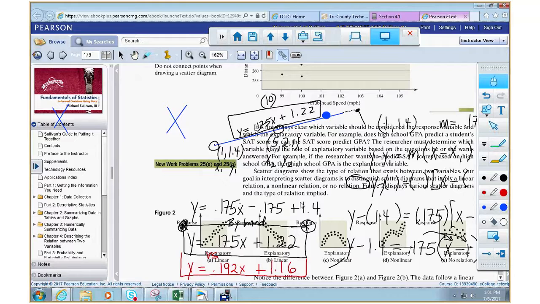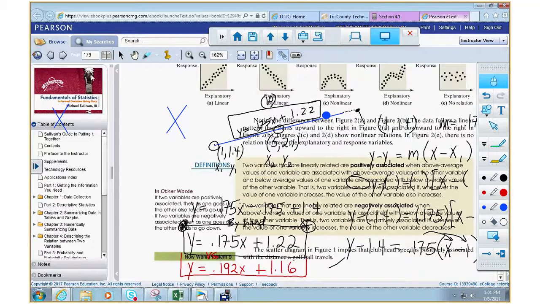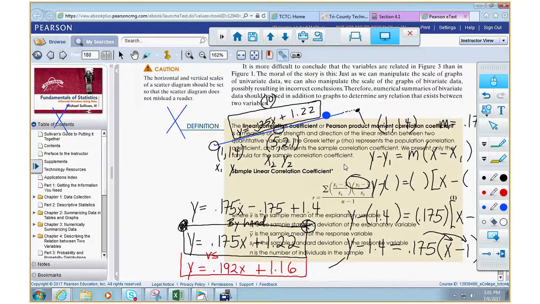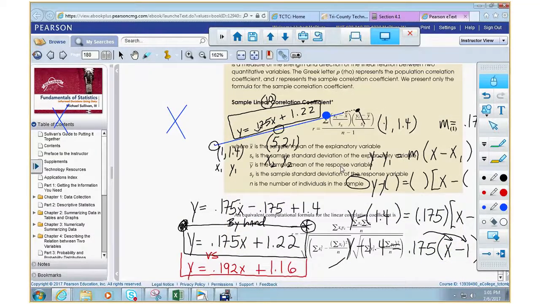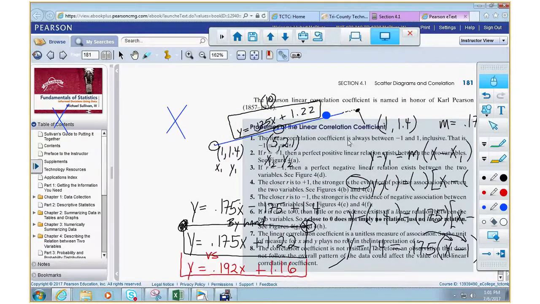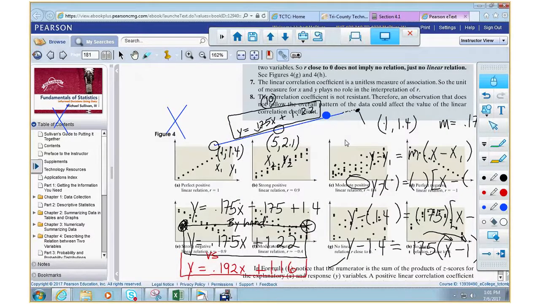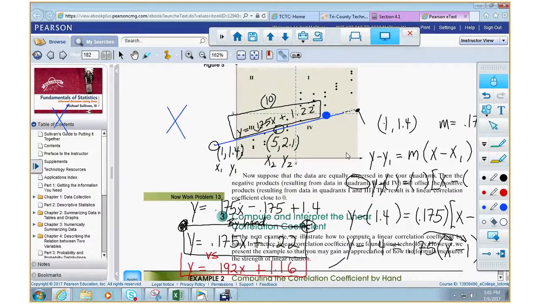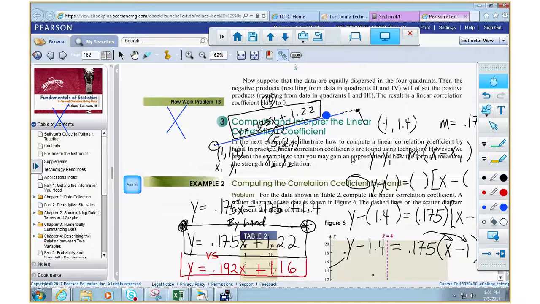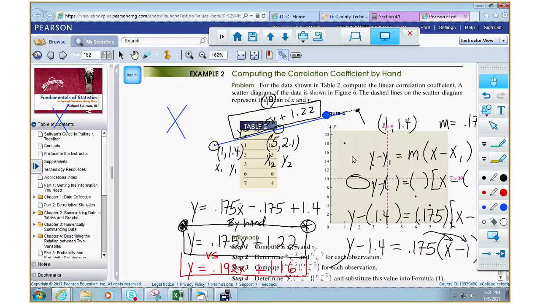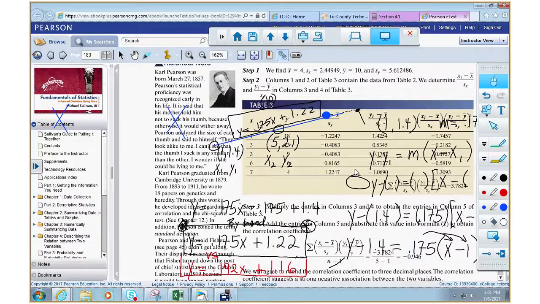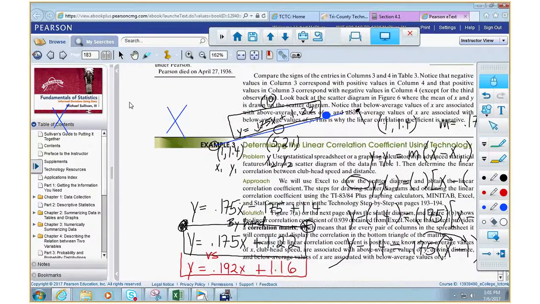No, you don't want to use the formula. It's too tedious. It'd take you forever to do it. There's the formula right there. Take you about a half page just to do one problem. But once I show you how to do the correlation coefficient on the calculator, you won't have to worry about it that much.